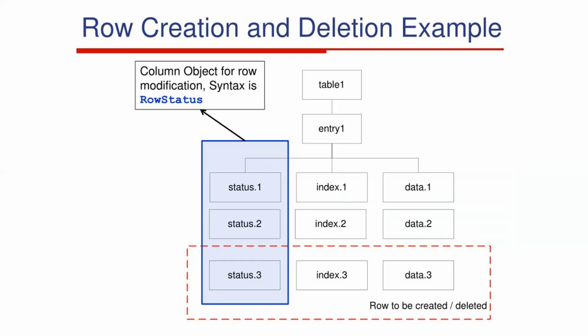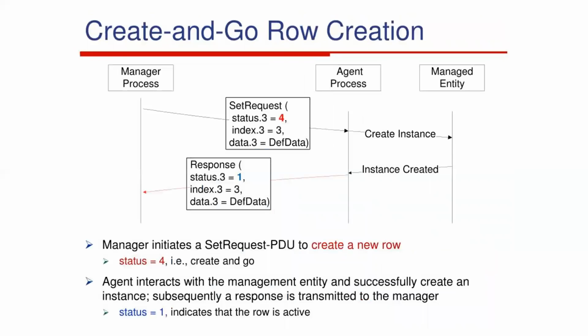The second columnar object, index, is the index for the conceptual row of entry 1. The third columnar object contains non-indexed data. We will illustrate the two types of row creation and row deletion operation by adding a third row and then deleting it.